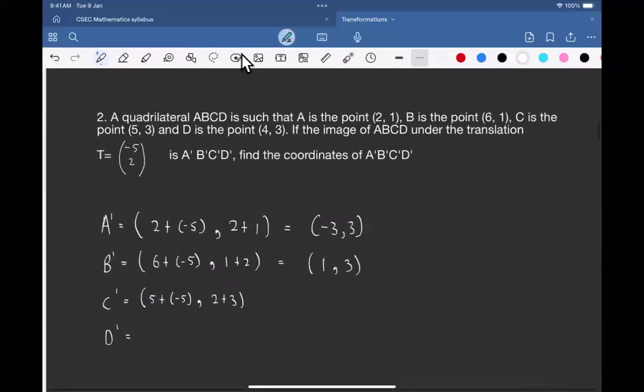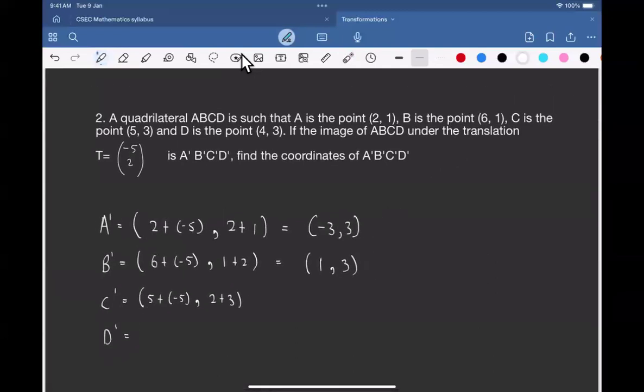Yeah, the answer would be 0, 5. Cool. And for D, tell me that one. It's 4 plus negative 5, and then 2 plus 3, and the answer would be negative 1, 5. Because 4 plus minus 5 is negative 1, and 2 plus 3 is 5.